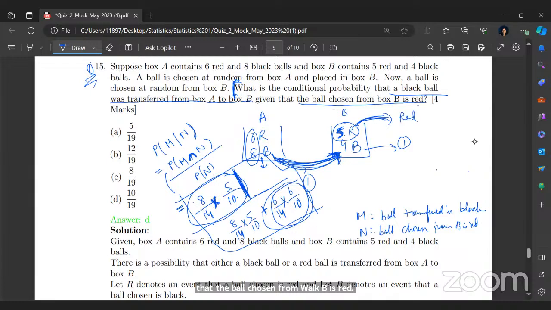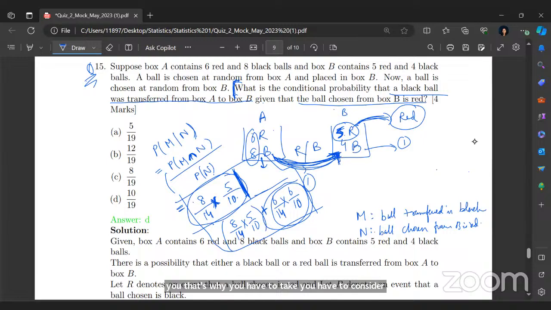Now the situation is that you are first transferring one ball from box A to box B, and then choosing one ball from box B. When you are transferring one ball from box A to box B, either it can be red in color or black in color. Both cases are possible, so you have to consider both the cases, and that will give you probability of N.